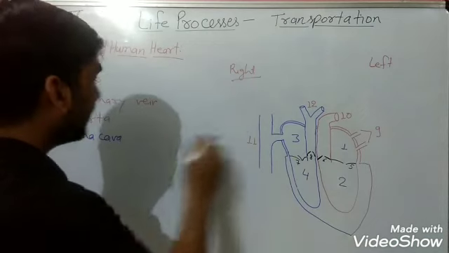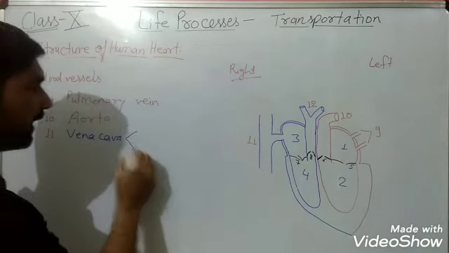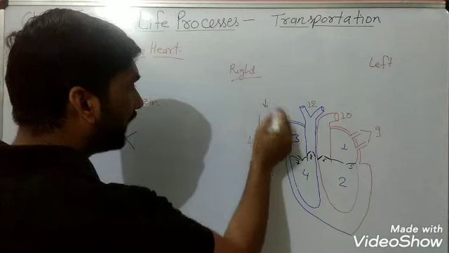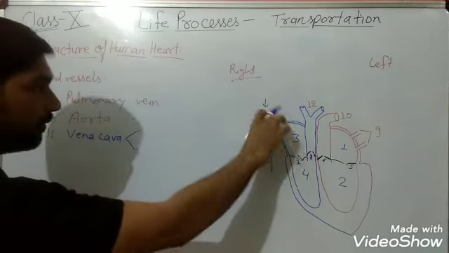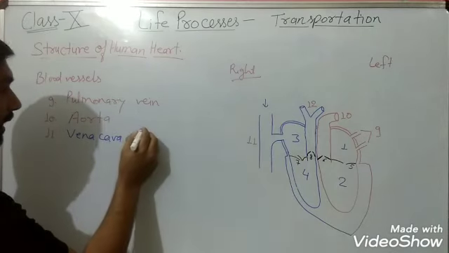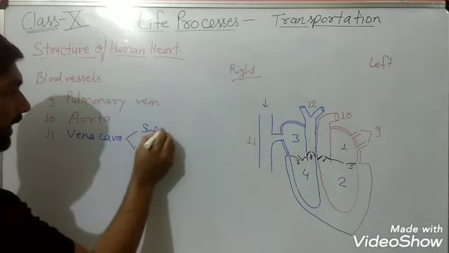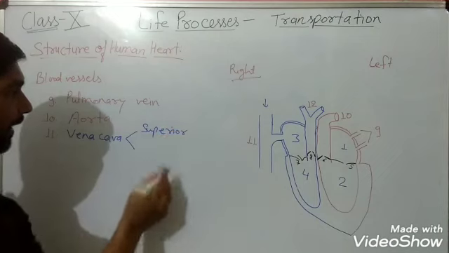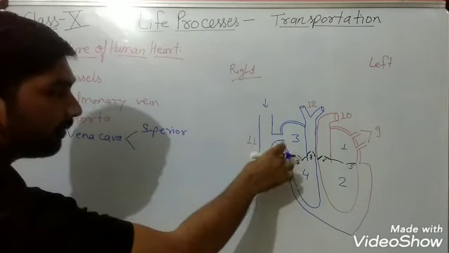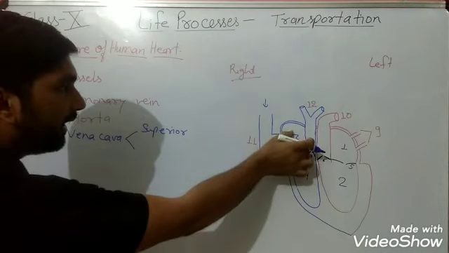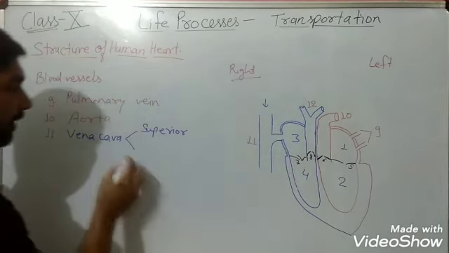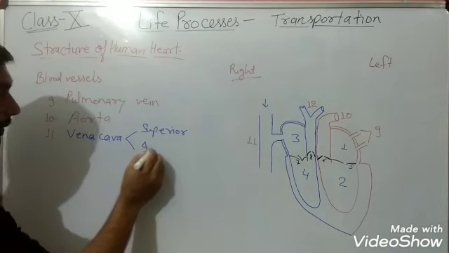From the upper side, the vena cava is coming from above. The blood vessel which pours blood into the third chamber from the upper side is known as the superior vena cava. From the lower side, the blood vessel which sends blood into the right atrium is known as the inferior vena cava.